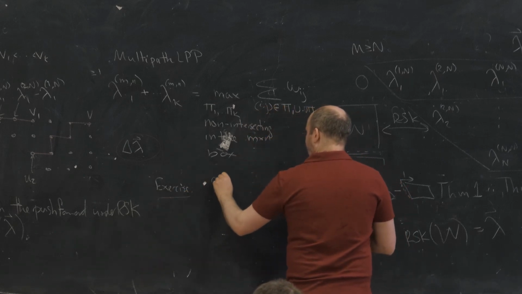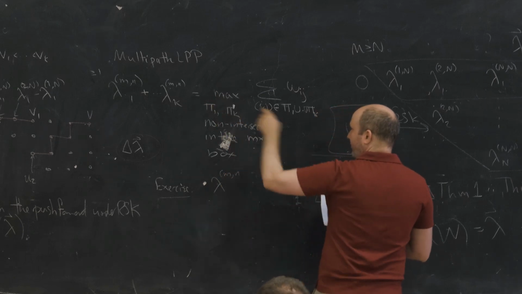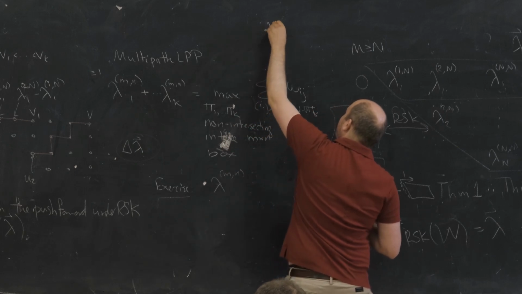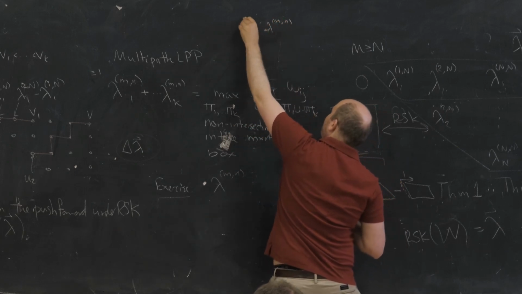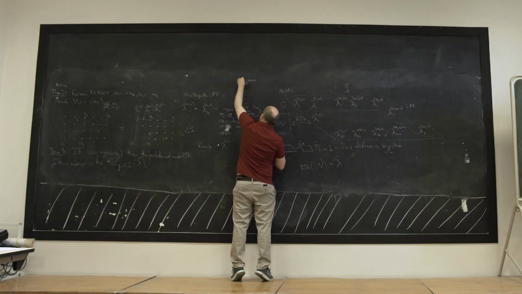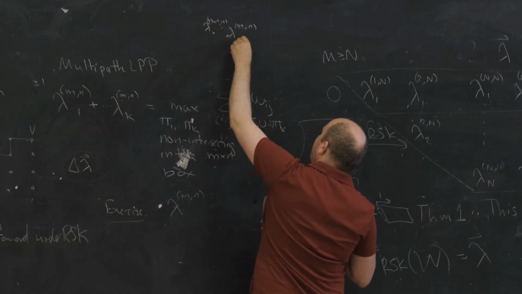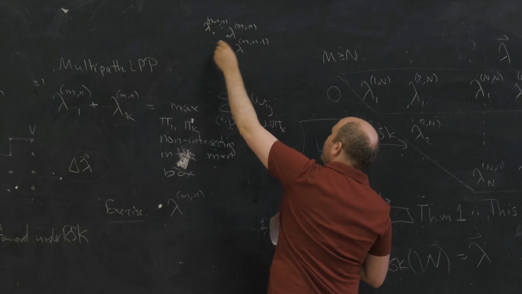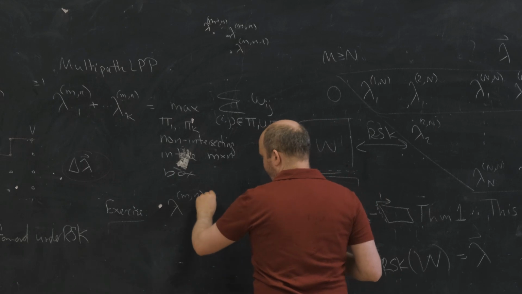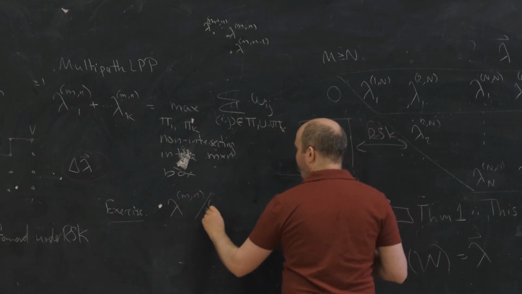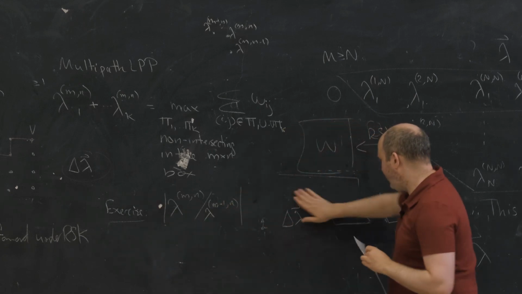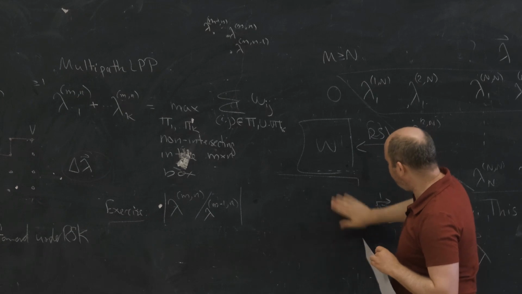Under this RSK correspondence, I have my lambda mn, and then I have my lambda m minus 1 n, and then of course I have my lambda m n minus 1. Each one of these partitions, around like a corner, if I look at the size of lambda mn over lambda m minus 1 n, so this is a skew Young diagram or a skew partition.